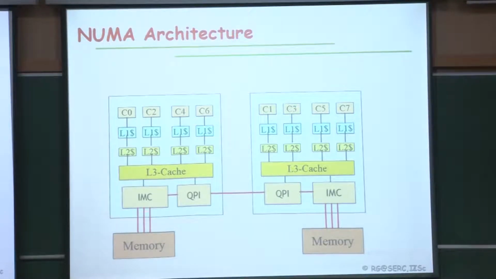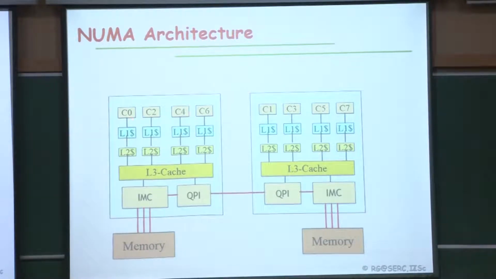Now, let us look at a more recent architecture, where I have this notion of a memory controller here. This is the older processor architecture, that is why I have put QPI, which is the quick path interconnect. Here, if these processor cores want to access a memory location which is over here, they will go through this memory controller and access it.